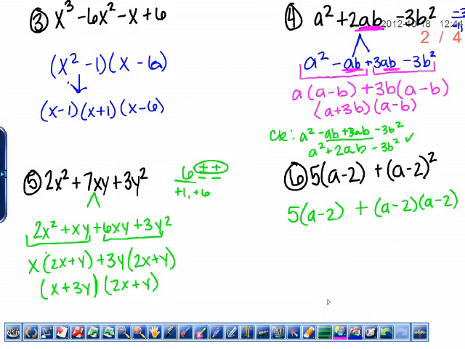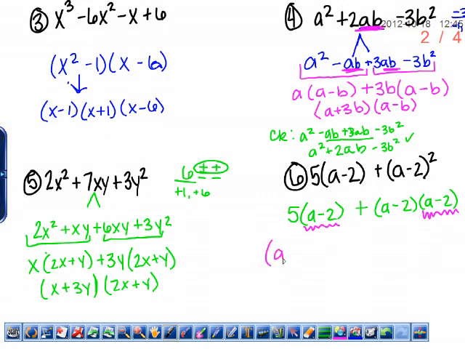Well, kind of. I think you're kind of on the right track. You're not just going to take out A. What's our GCF here? A minus 2. 5 is being multiplied by A minus 2, and A minus 2 is being multiplied by A minus 2. You see that? So our GCF is A minus 2.